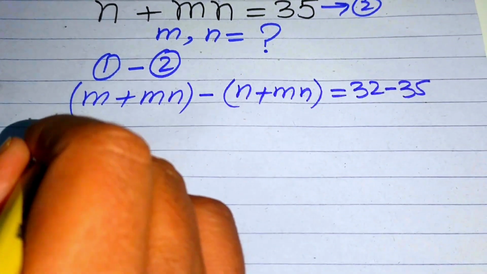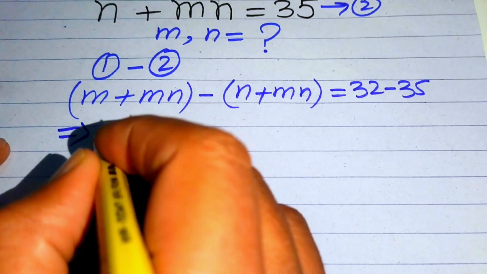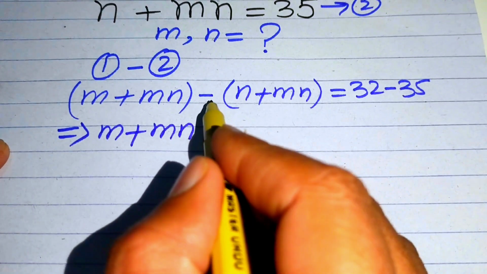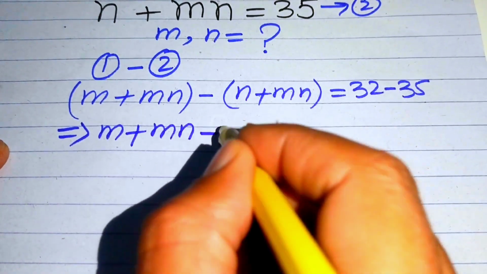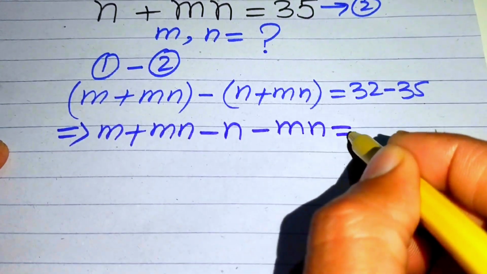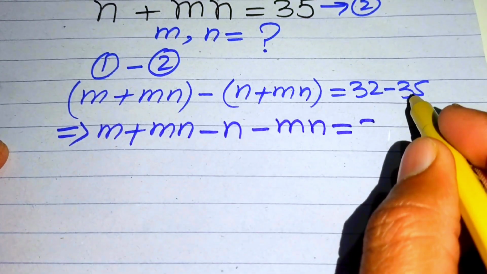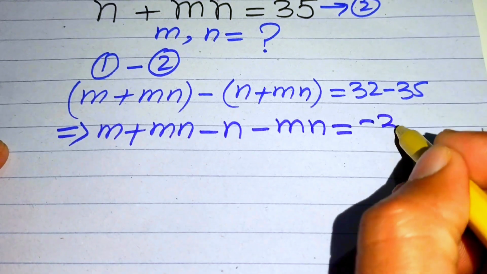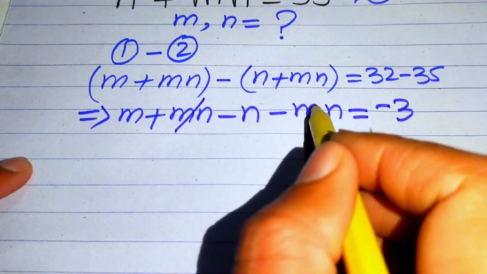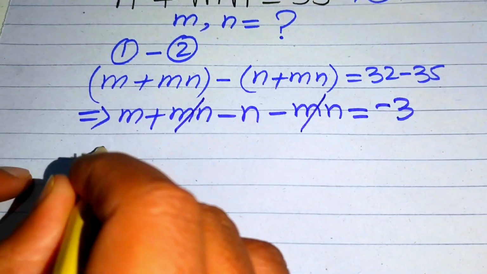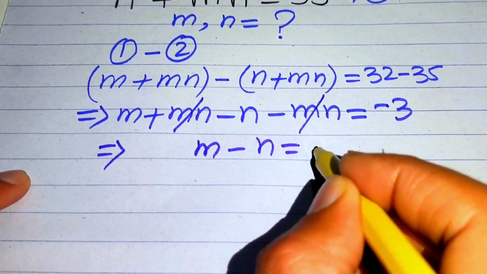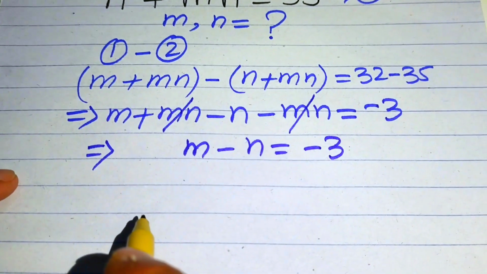In the next step we need a little bit of simplification, so we get m plus mn, and we multiply the minus sign on both of the terms and get minus n minus mn equals 32 minus 35 equals minus 3. You see that the positive mn and negative mn cancel each other, and we get m minus n equals minus 3.